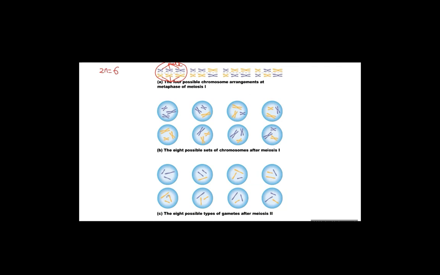Now, if we look at panel C, after meiosis 1, meiosis 2 occurs, and then these continue to give 8 possible types of gamete after meiosis 2. So these gametes might be used for fertilization.